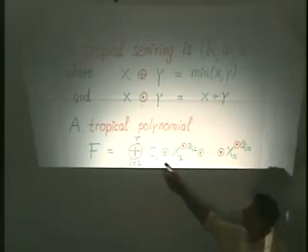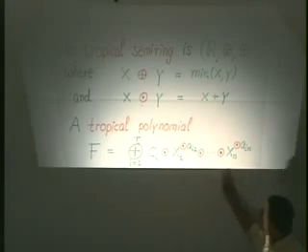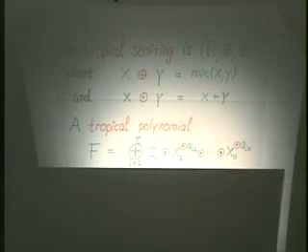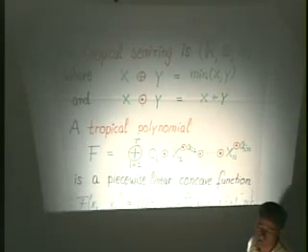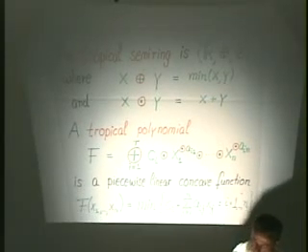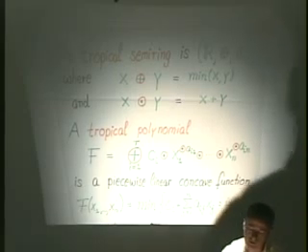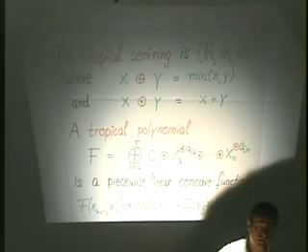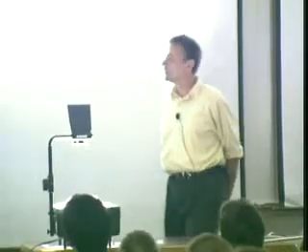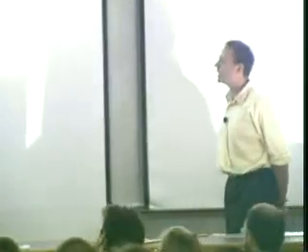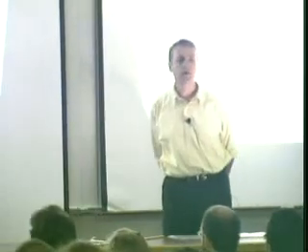What's a monomial? That's c_i, a constant, times a tropical monomial. If you think about it for a moment, a tropical monomial is an affine linear function, and therefore a tropical polynomial, remember, addition is the minimum, is given as the minimum of r affine linear functions.